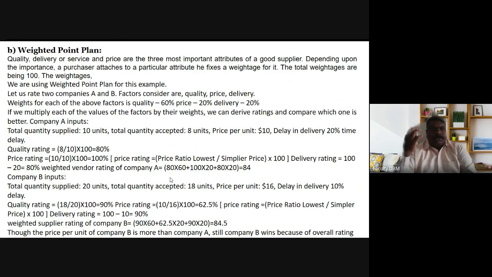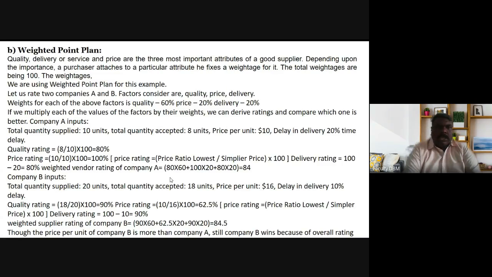If the evaluation committee says the price rating is 100%, then we are going to give 1 to company A and zero for the quality, because here the price rating they are considering is 100%, the minimum, the lowest price, so we are going to pick this.